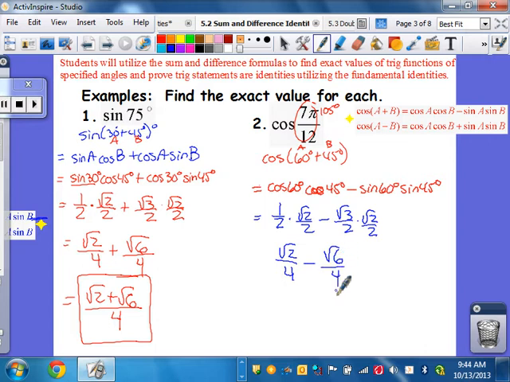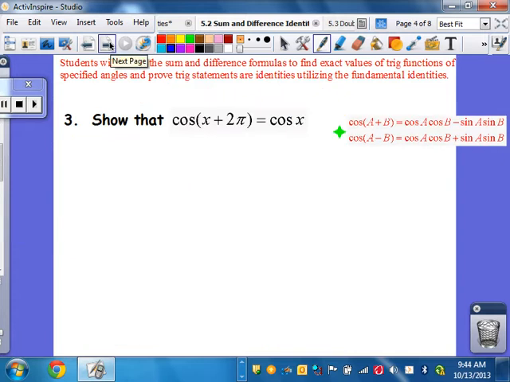And then you can combine those together to be root 2 minus root 6 over 4. That's my exact value. Done. All right? So that's kind of how that works. If I just give you some of those problems, let's just try to break it up, find the formula, dump the stuff in, and solve. Okay? So that is finding exact values.